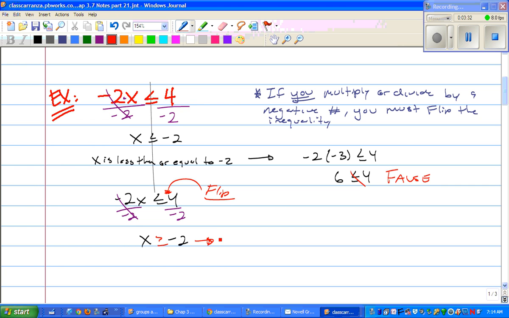And let's find this out. So x is greater than or equal to negative 2. So let's pick a number greater than negative 2. Say negative 1. Negative 2 times negative 1 is 2, and is 2 less than or equal to 4? That is true. Okay, so now we figured out what our sign is.